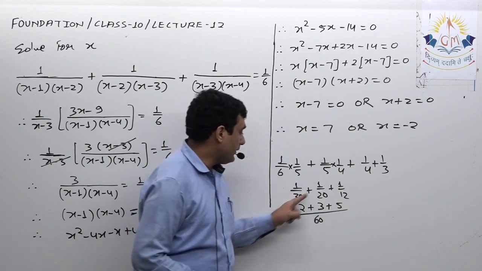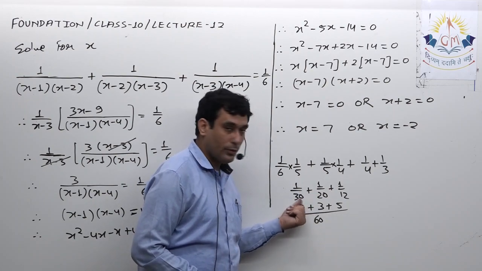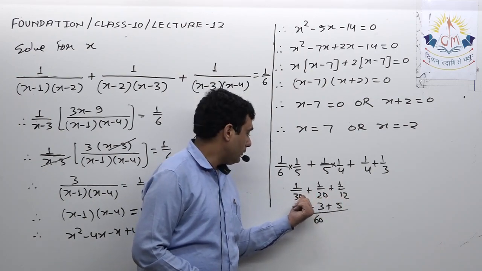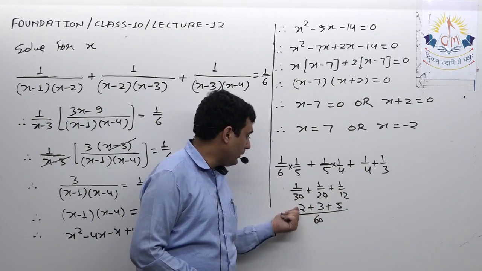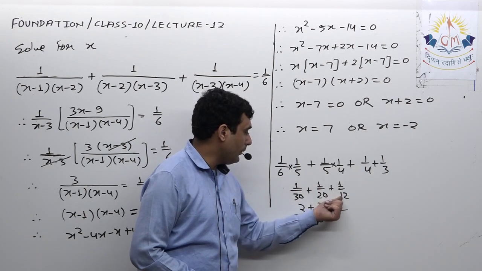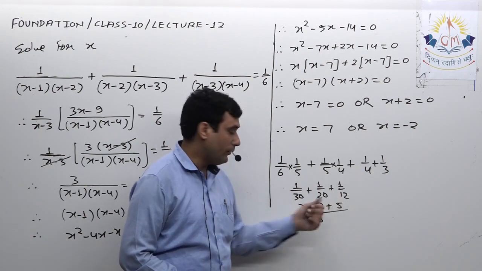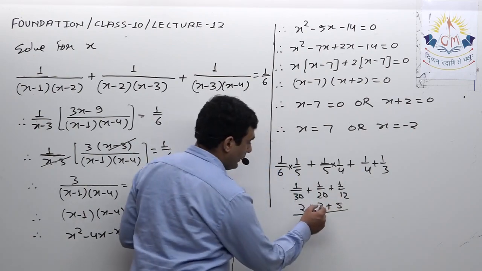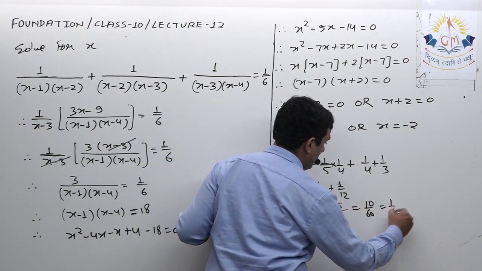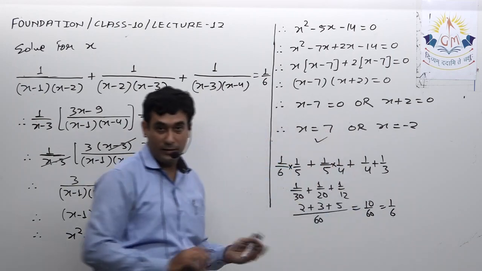Isn't it? LCM of 30, 20 and 12 is 60, because 60 is a multiple of 30, 20 as well as 12. So 30 twos are 60, so 2; 20 threes are 60, so 3. Similarly 12 fives are 60, so 5. Now 5 plus 3 plus 2, 10 upon 60, that is 1 upon 6. Yes, so this value of x is definitely correct.